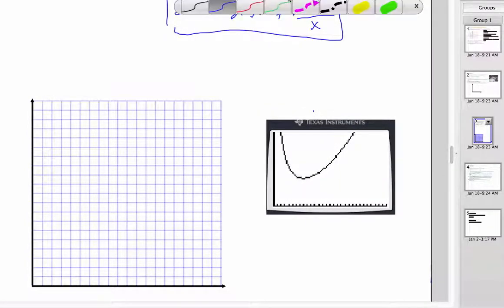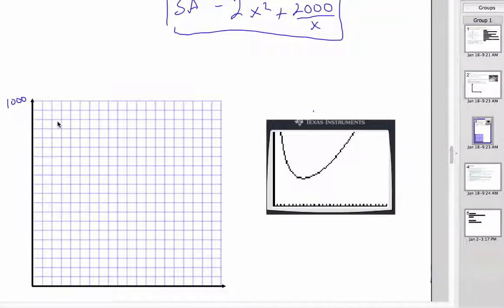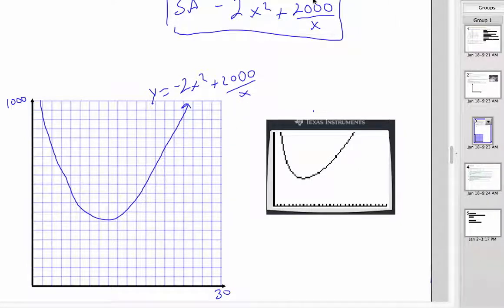So I'm going to be sketching the graph and just include maybe the scale of it here. This is 1,000. This is 30. And here's what the function looks like, something like that. Okay, that's y equals 2x squared plus 2,000 over x, and that's what it looks like.